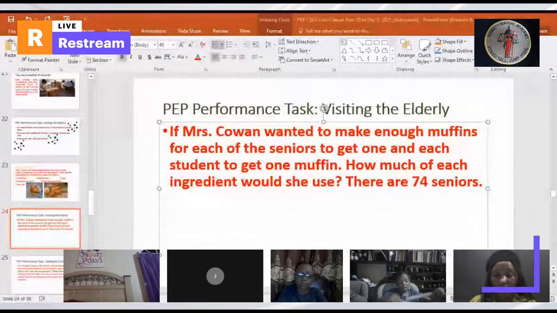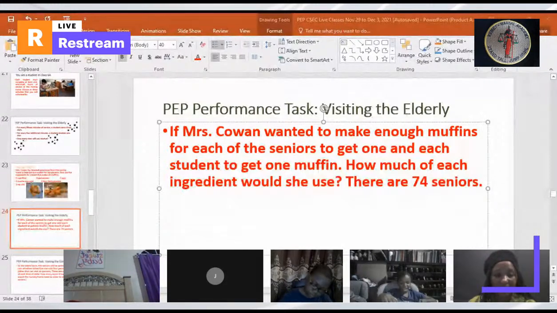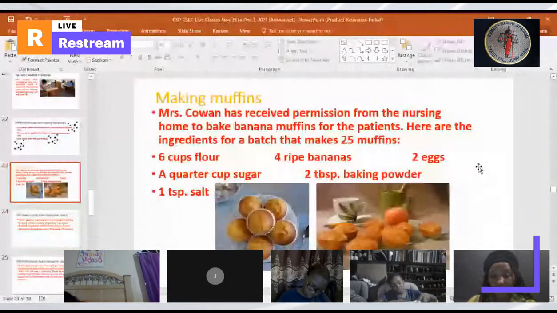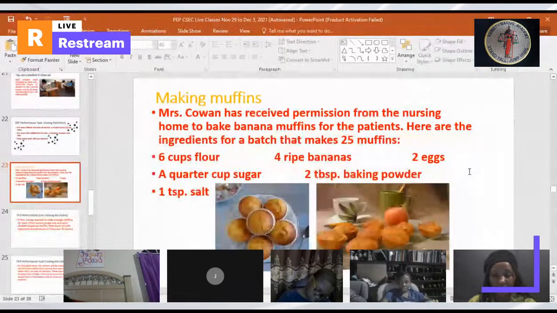So there should be 100 muffins. And since these ingredients are enough to make 25, and there are four 25s in 100, we need to multiply the ingredients by 4. So how many cups of flour would we have then?